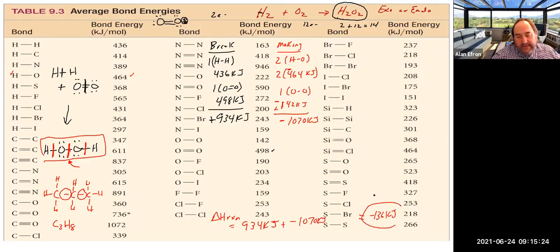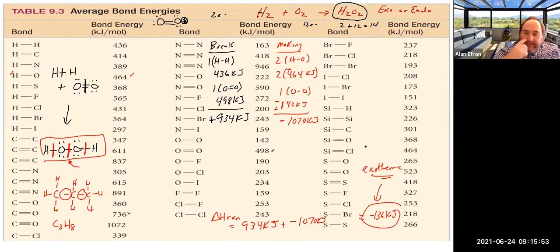Again, a negative value there tells us it is exothermic. So there's a net release of energy in this reaction from all of the making and breaking of the bonds that are occurring. Any questions on how to do this type of calculation here? Obviously, the table would be provided for you if you needed it.